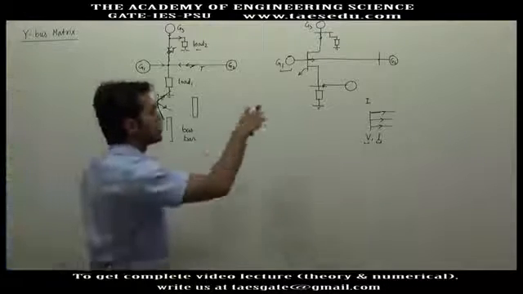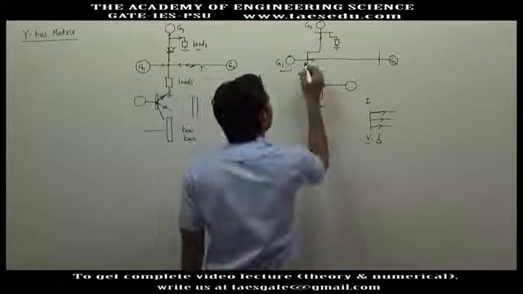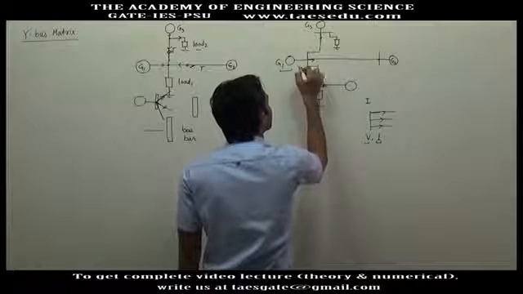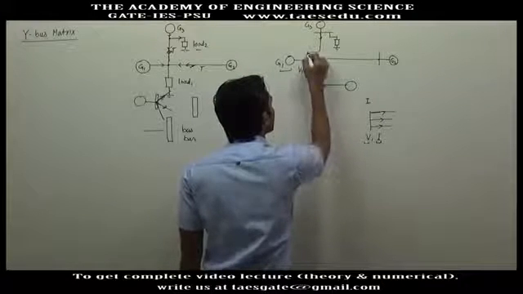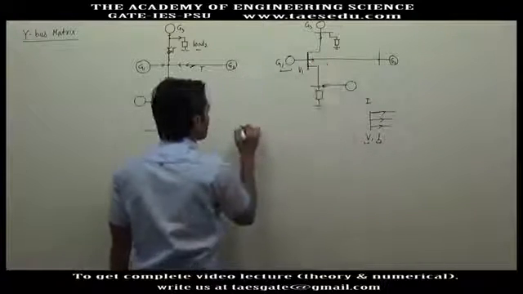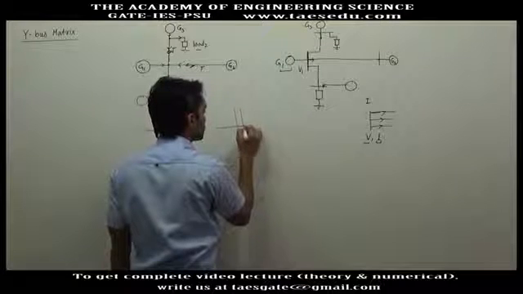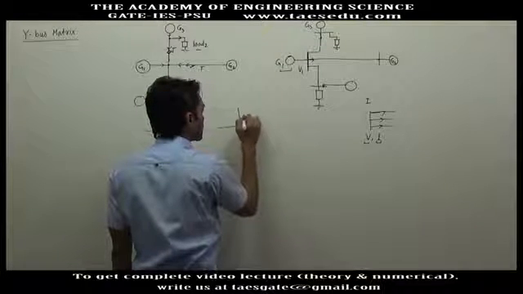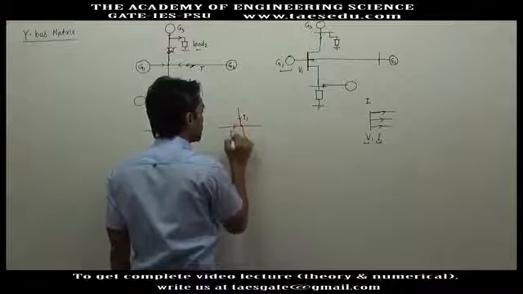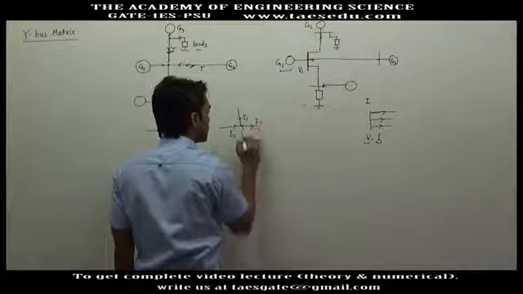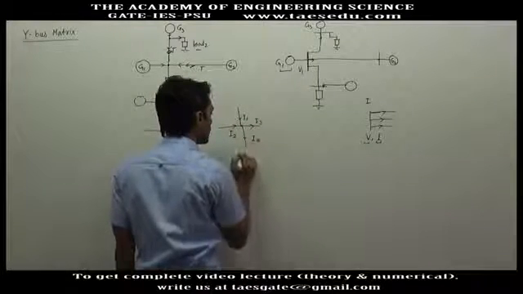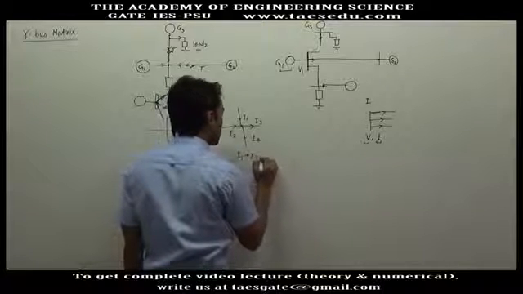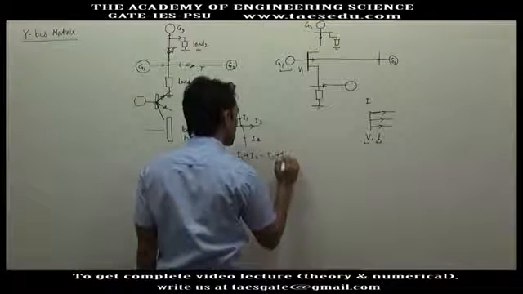Okay, let's say we have 4 buses here. There will be some voltage of this bus, and what will be the current of this bus? If I show a junction, 2 currents are coming, I1, I2, and let's say I3 and I4 are going out. I will write I1 plus I2 equal to I3 plus I4.